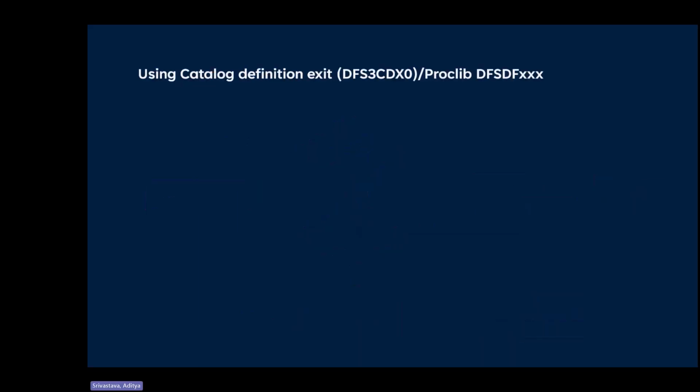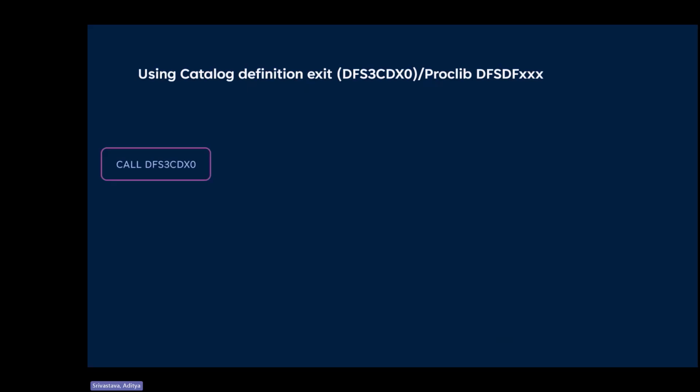Moving ahead, there are two other options, and I'm covering two options in a single slide because most of the things are similar and very interlinked. We'll see how the utilities behave if I have not given catalog_alias_name or catalog_sys_dsn_hlq, but I want to use the catalog definition exit or the PROCLIB member name DFSDFxxx.